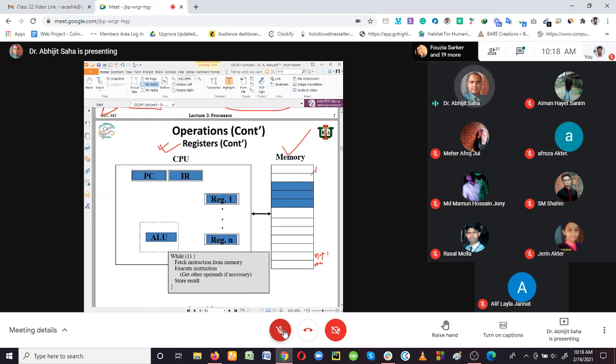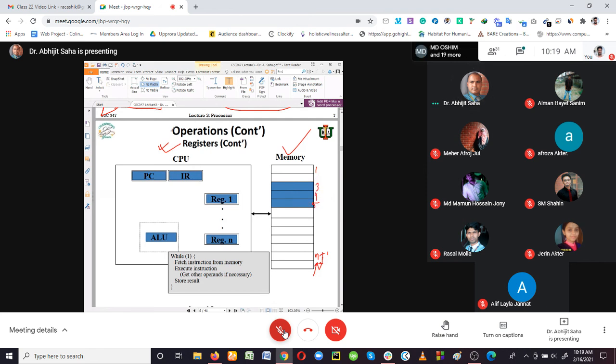So 1 plus 1 is 2, 2 plus 1 is 3, 3 plus 1 is 4, and this way up to n, we have locations 1 to n. The white blocks are empty, and the blue ones have some instructions in these locations, say 3, 4, and 5.